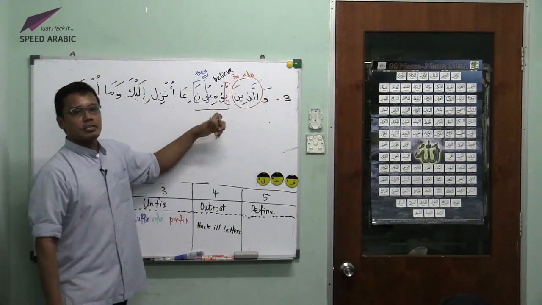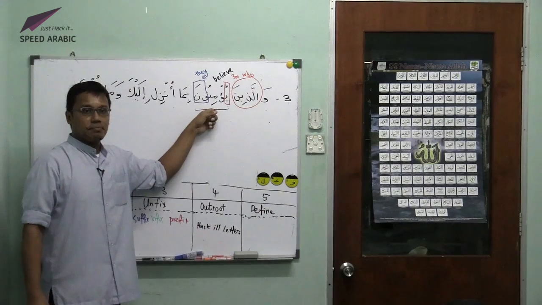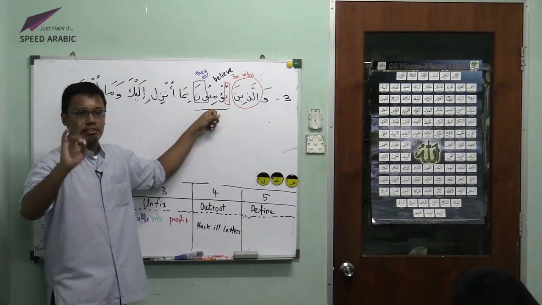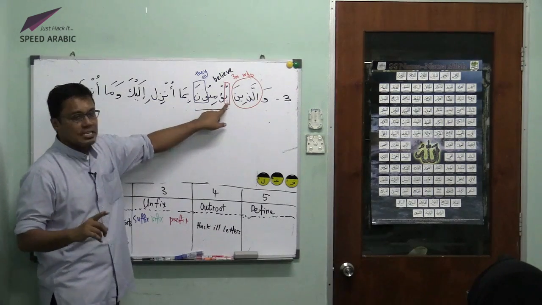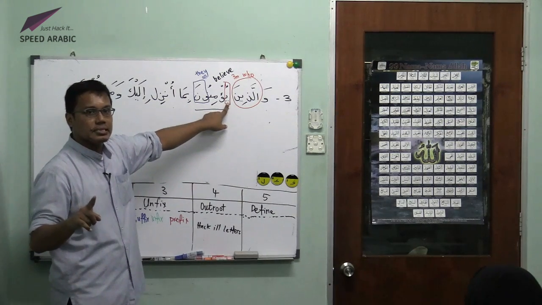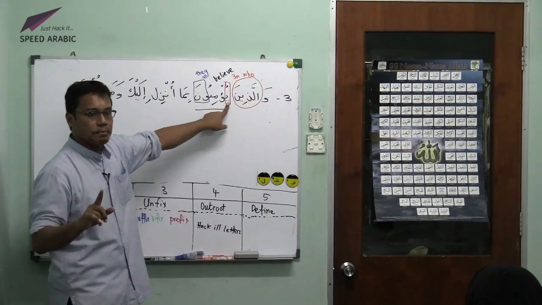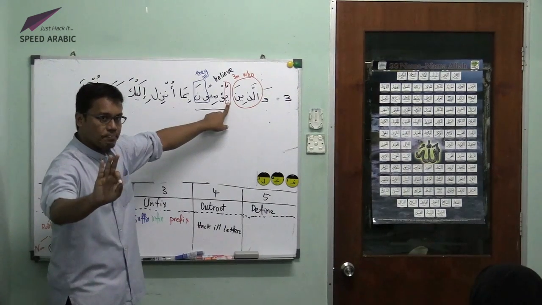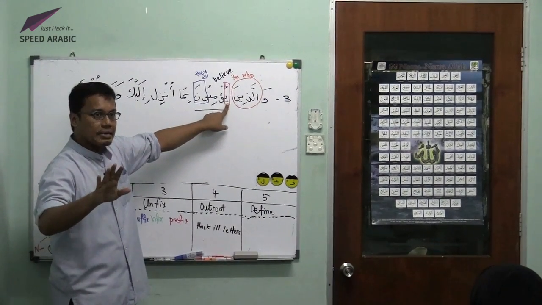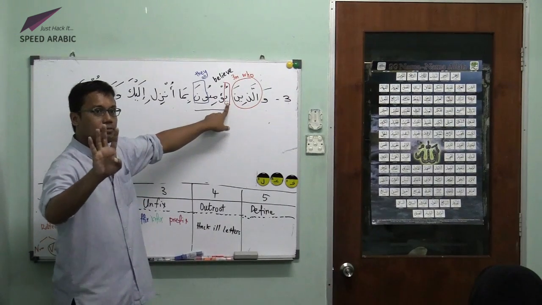We will come back to this verb next month. Why? Okay, you remember this, eh? We will come back to this verb next month because the ya, what is its vowel? Its vowel is damma, front. Not fatha, on top. If it has fatha, it's a 3-lettered verb. If its vowel is damma, most probably it is a 4-lettered verb.